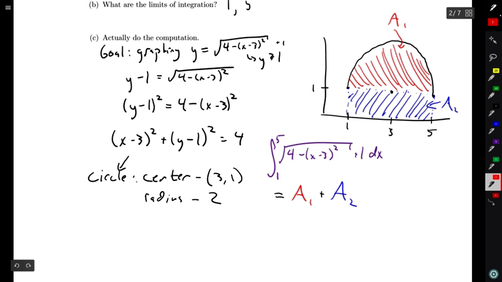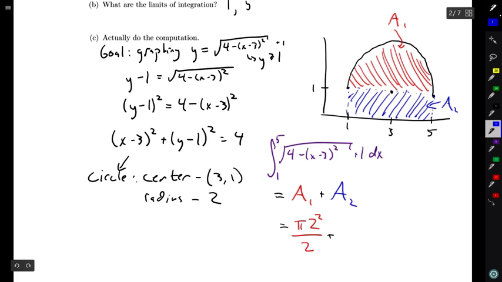Now, the red area we can compute because we know it's a semicircle. We know that the area of a circle is pi r squared. And so what we're looking at here for the red area is pi r squared over 2. Well, let's see. So the radius of this circle we know to be 2. So this is pi times 2 squared divided by 2 because we're looking at that semicircle.